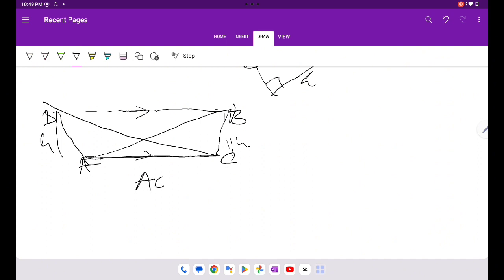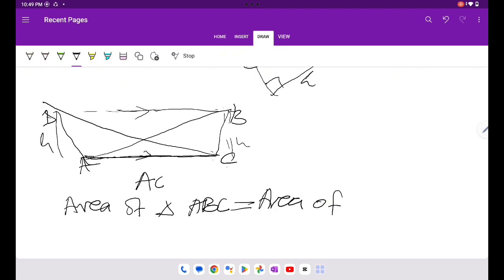Now, we say these two triangles, ABC and triangle ADC, have equal areas. So we say that the area of triangle ABC is the same as the area of triangle ADC.